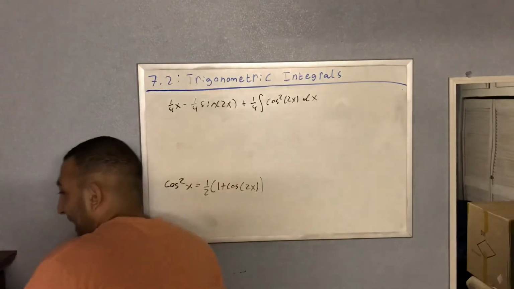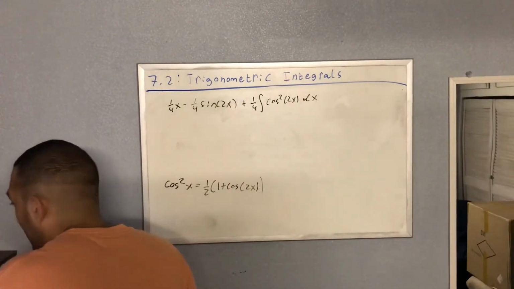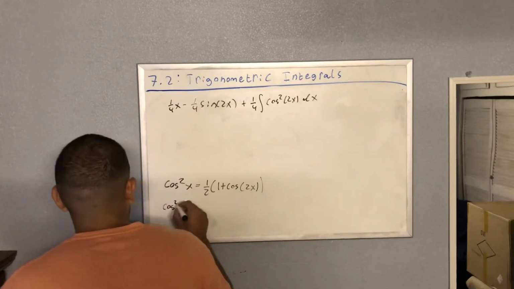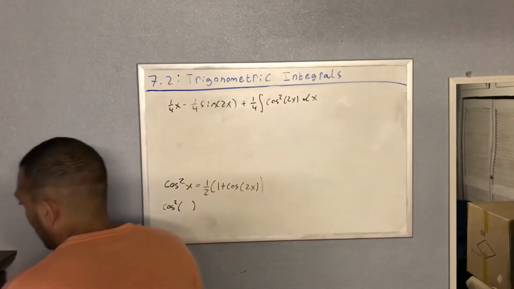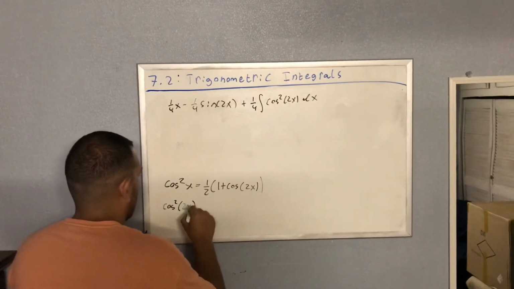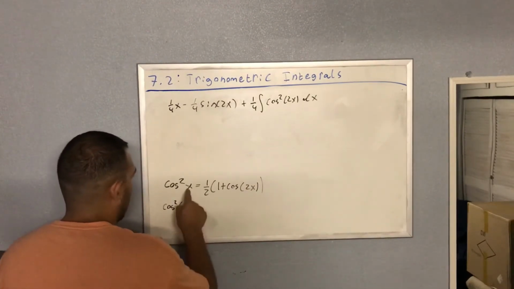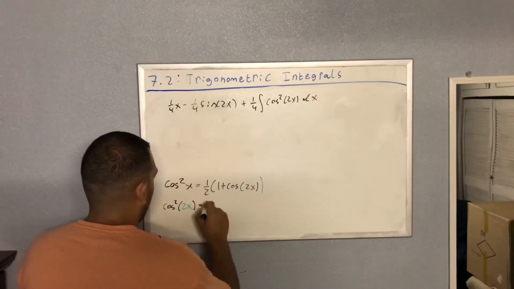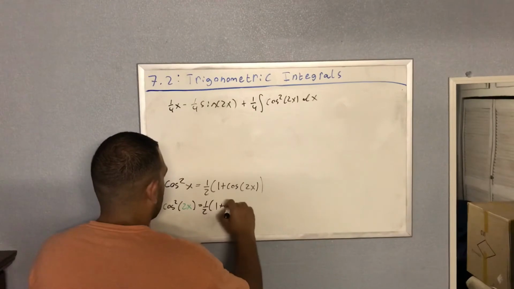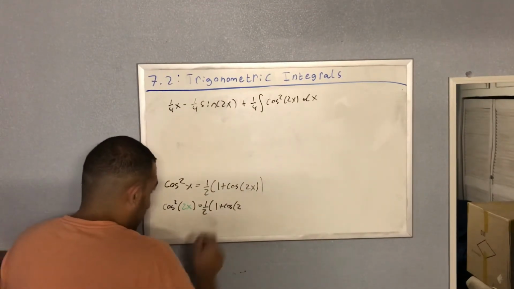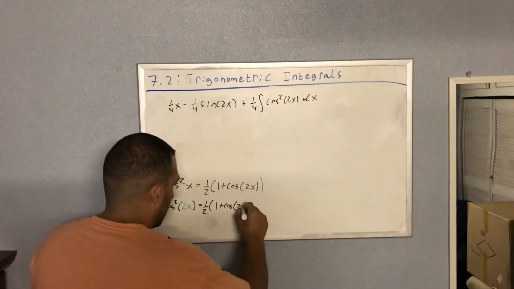And so if x is 2x, we know that cosine squared of 2x, so if x becomes 2x, this is now 1 plus cosine of 2 times whatever x is, which is 2x.